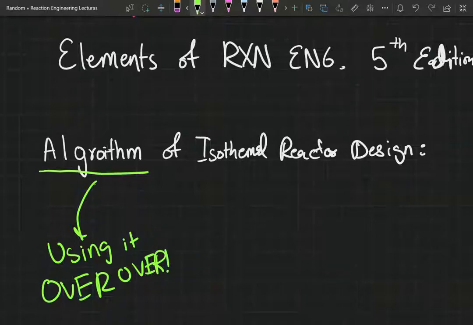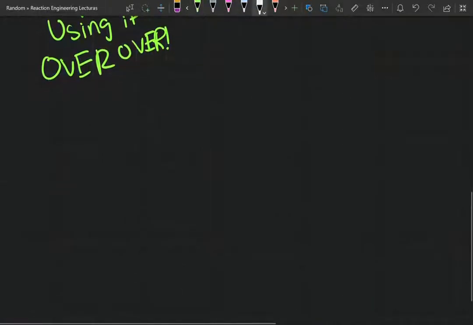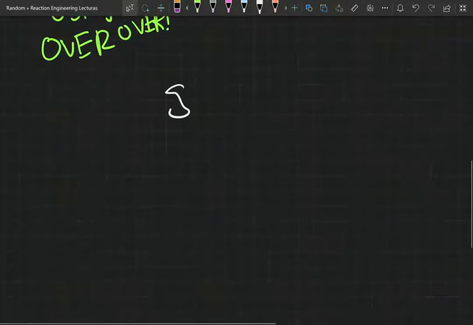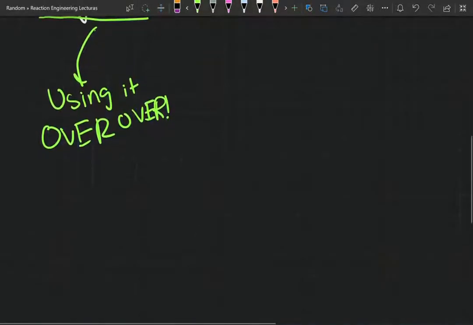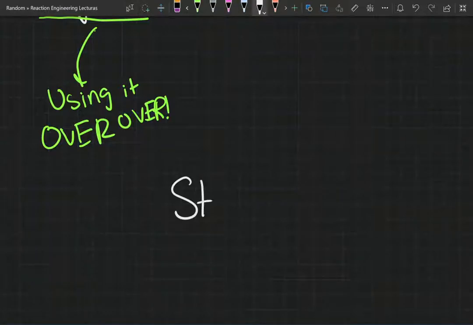That is why these calculations are so repetitive that they can be mapped into an algorithm. Every single isothermal reactor design problem can be easily tackled via this approach. Again, this is just a foresight. All right, let's start. Oops, my tablet is not being very friendly right now. I'm sorry.